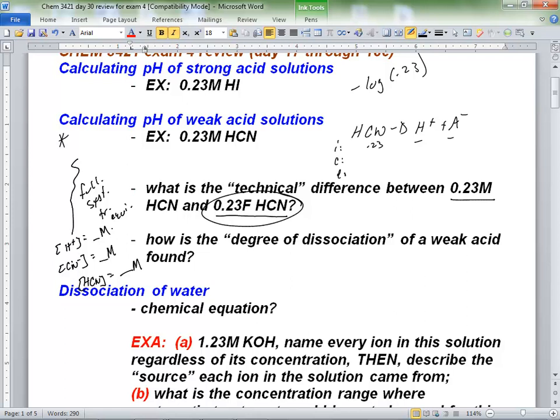What do we call it? It might be easier for you just to flip back, all right? Instead of me just telling you. You might remember it better. It was degree of dissociation.